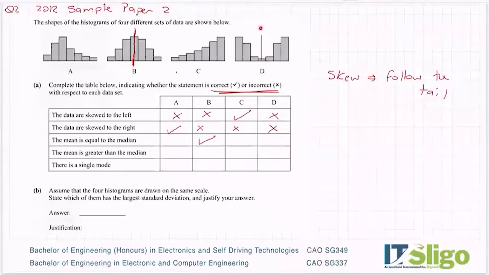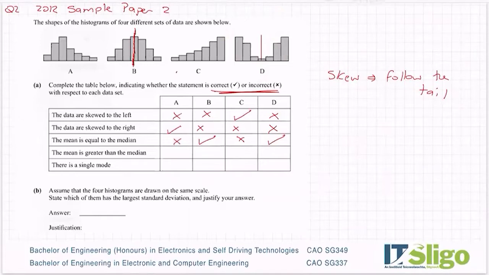The middle value is also going to occur in the middle, so that's the median, okay? Now with D though, the mode doesn't occur in the middle. Mode is the value that occurs most often, so it's the highest peaks. So this is what we call bimodal data, so it's got 2 modes, the 2 extremes, okay? But for the purposes of this question, the mean is equal to the median.